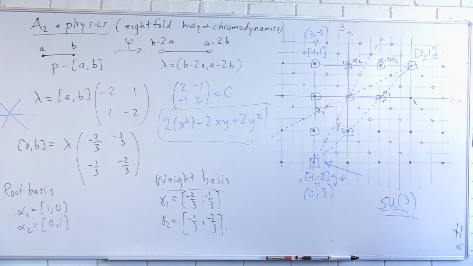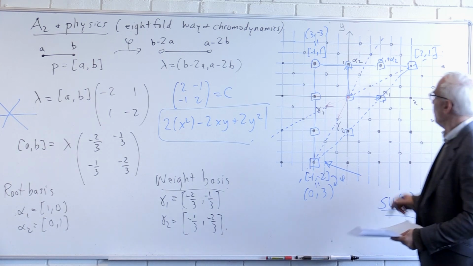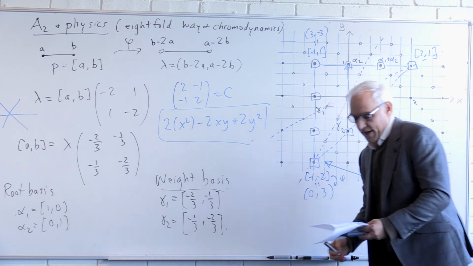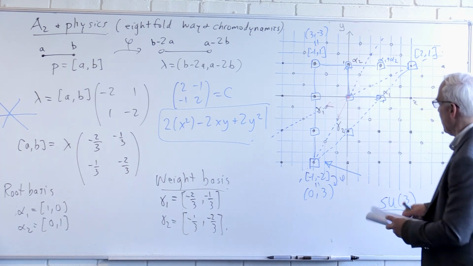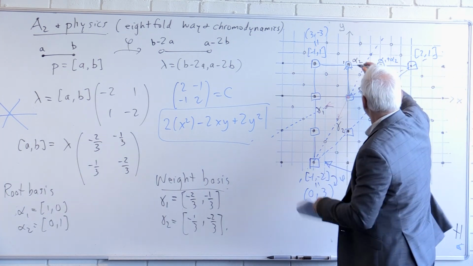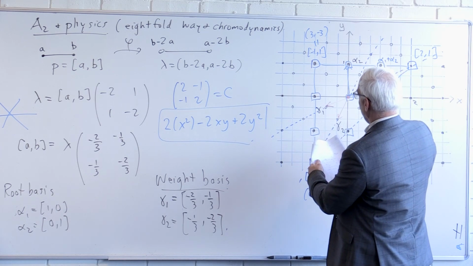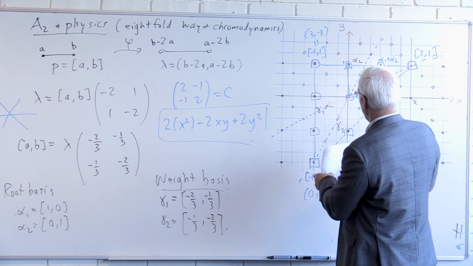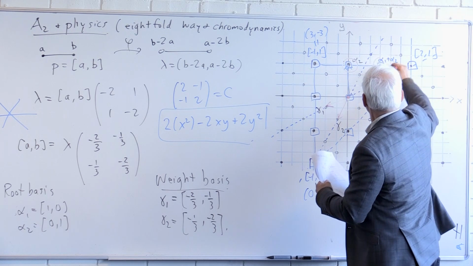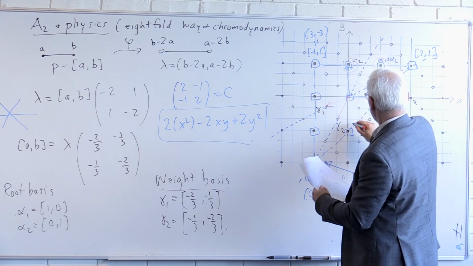So there were two other really important things that he was able to correspond with. He was also able to correspond with another octet. An octet consisting of, let me get this right. Well, actually, just exactly the roots.